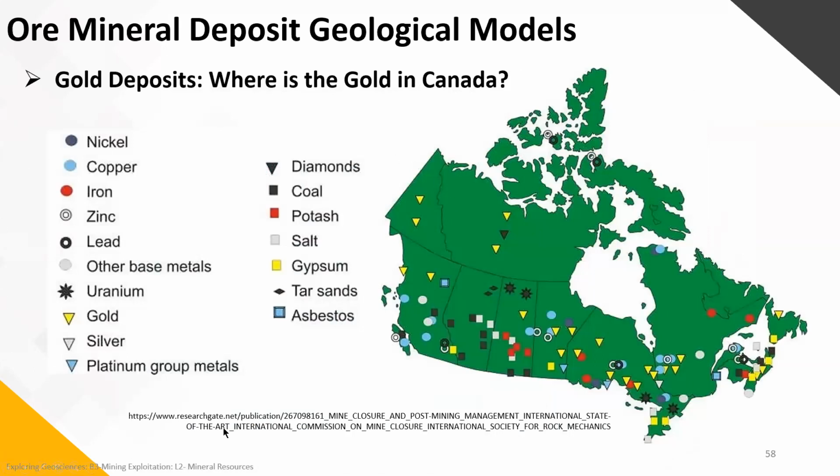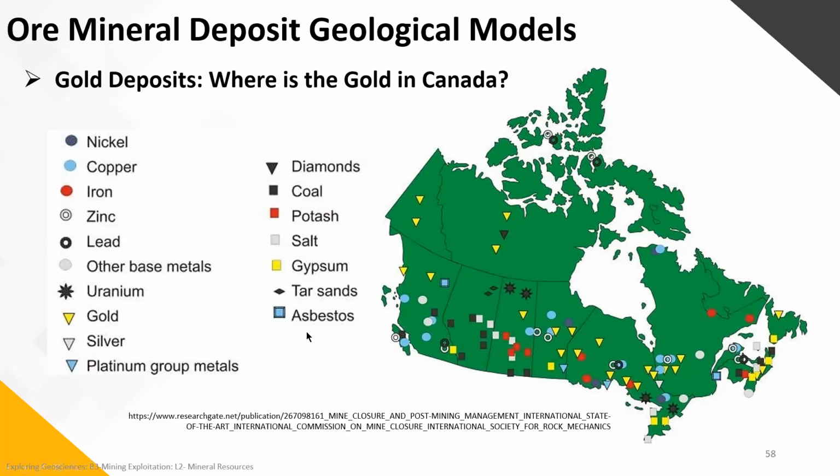Gold within Canada and the major other metallic mineral deposits possible within the country. So we see the gold is our reversed yellow triangle within the Quebec and Ontario frontier. We can see that these are mainly within the sub-province of the Abitibi, within the Superior Province.